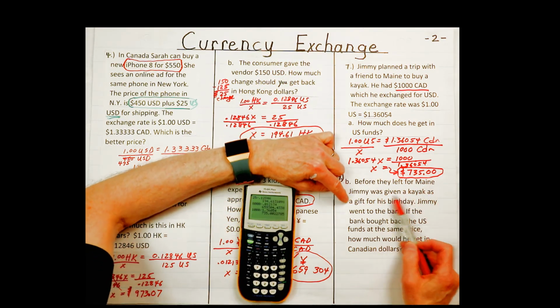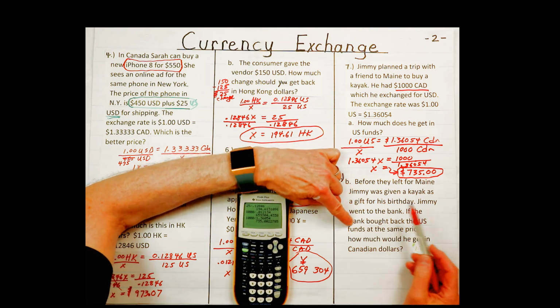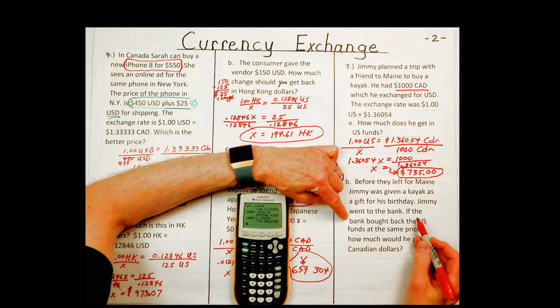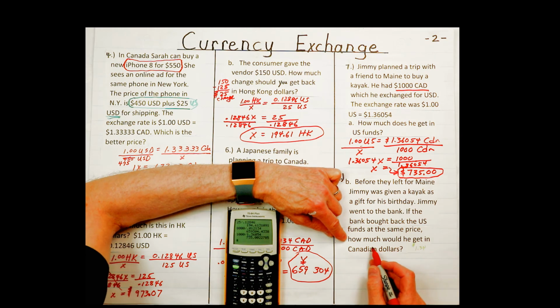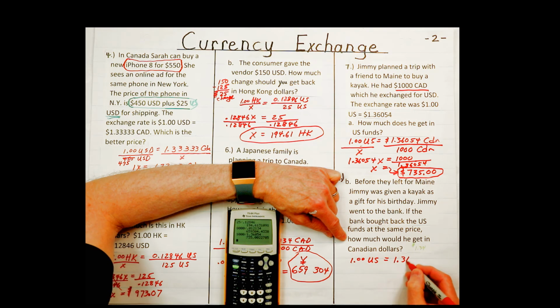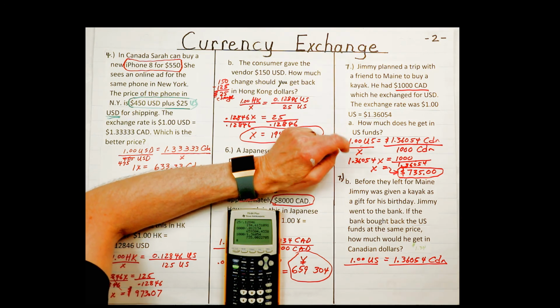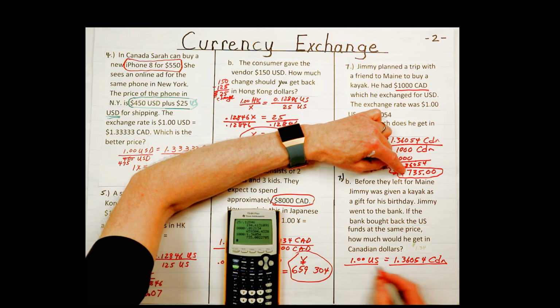Before they left for Maine, Jimmy was given a kayak as a gift for his birthday. Jimmy went to the bank, and the bank bought back the US funds at the same price. So 1 US equals $1.36054 Canadian. And we're going to take his $735 US and we're going to put it with the US dollars.